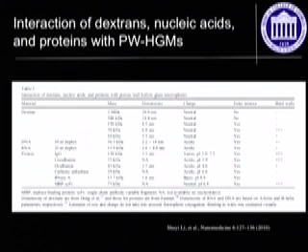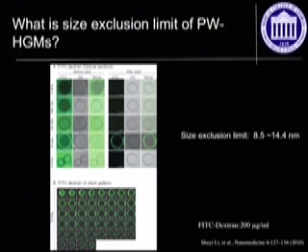So I would like to go over the data one by one. The first question we ask is, what is the size exclusion limit for the PWHGMs? So we incubated the beads with different sizes of dextrans. We found that from 10 kDa up to 100, they can freely internalize.